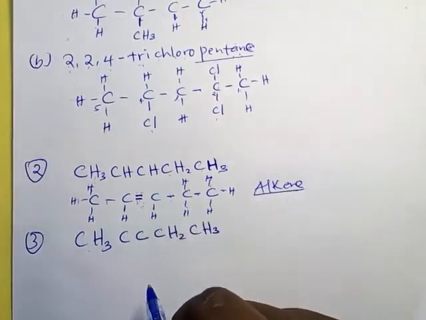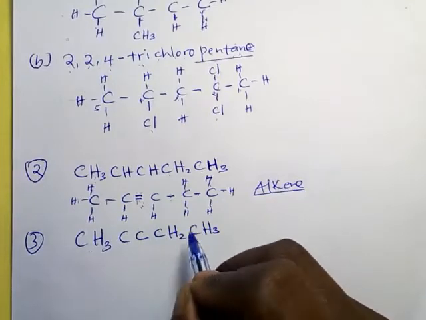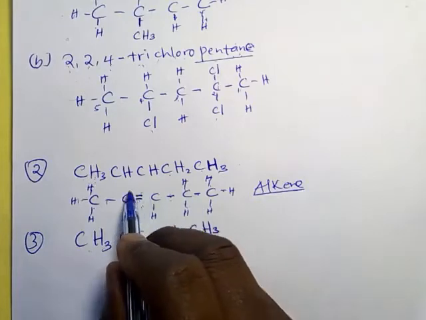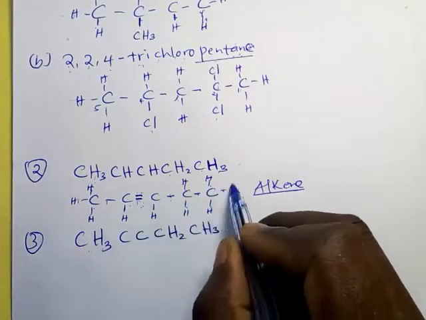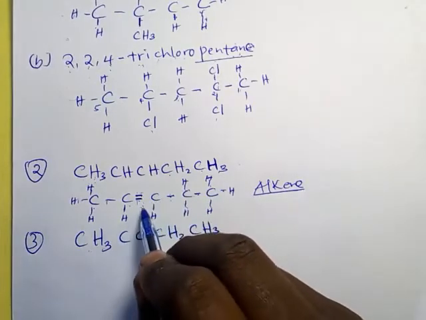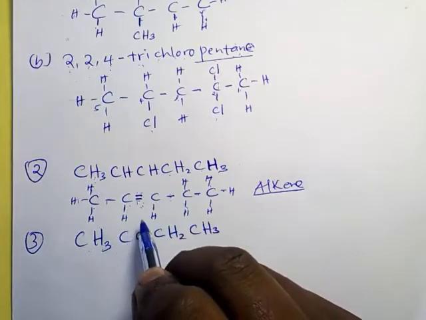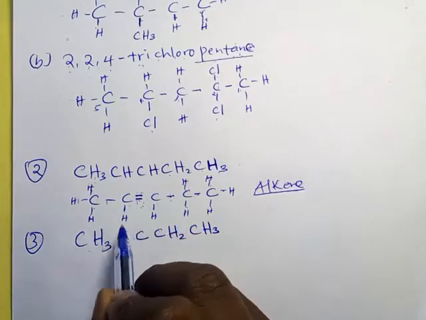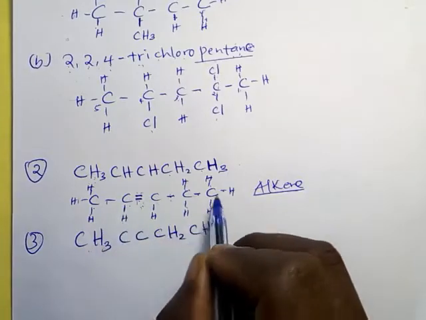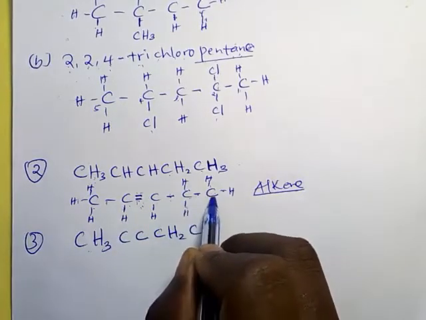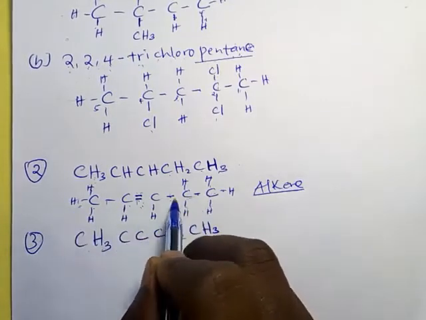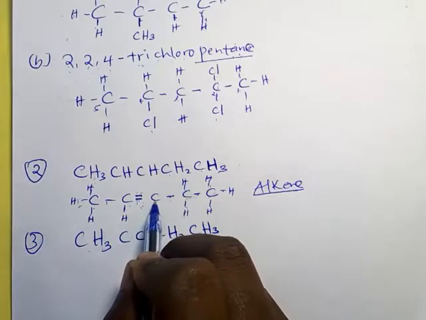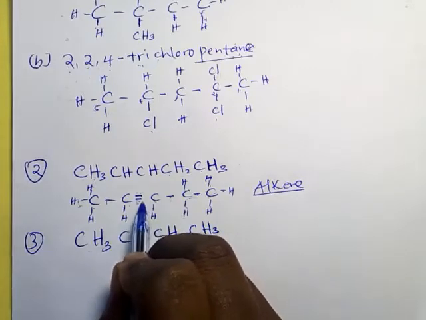A double bond means an alkene. Now we can give it the name. The next thing is where the functional group is. The double bond is the functional group. Now we want to know where our functional group is. You give the functional group a number, ensuring that you give it the smallest number. If I start numbering from the left, 1, 2, 3, I will give the double bond 3.